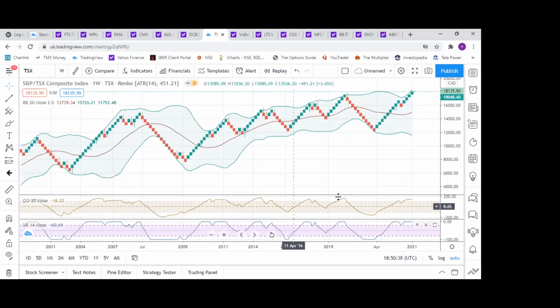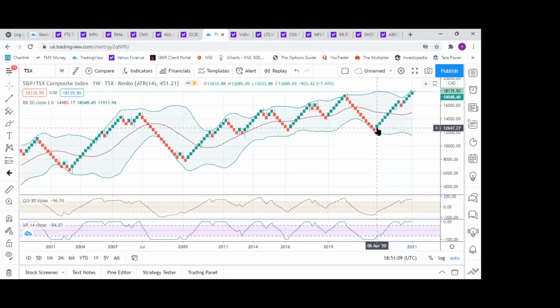Now look at the picture. 16 March, red Renko. 6th April, the high is 13,085. Entry at 13,100. Where are you today? Even with the red candle, if you want to exit, you would only have exited the next week. But next week, the candle opens green. So you would stop your exit.